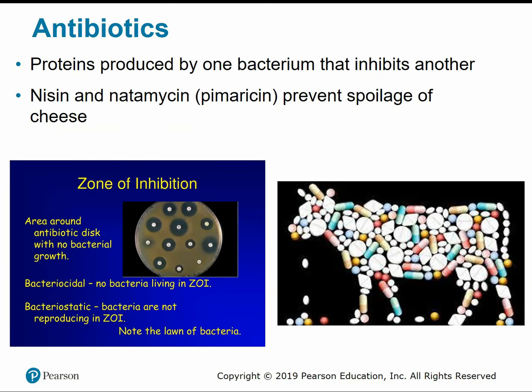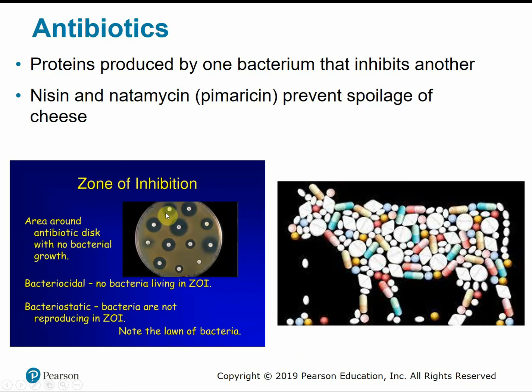Antibiotics are proteins produced by one microorganism that inhibit the growth of another. We use some antibiotics to prevent spoilage of dairy products, as well as in livestock and meat production. We can see the effectiveness of different antibiotics on different bacteria by using those zone of inhibition plates.